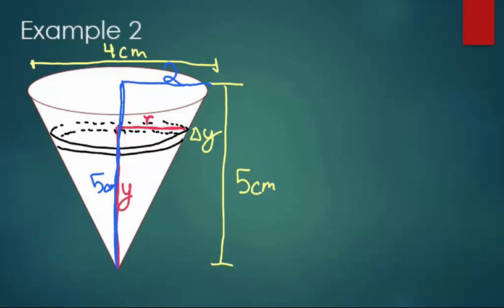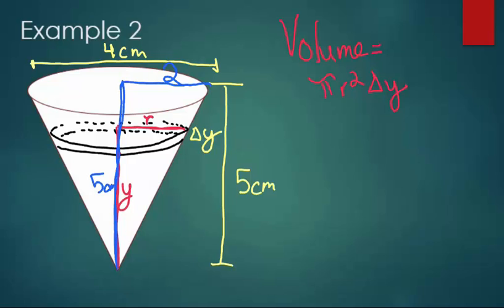So first things first, the volume of this disk is going to be equal to pi r squared delta y. Pi r squared is the area of the face, delta y is the thickness, and that's going to be the volume that we need.